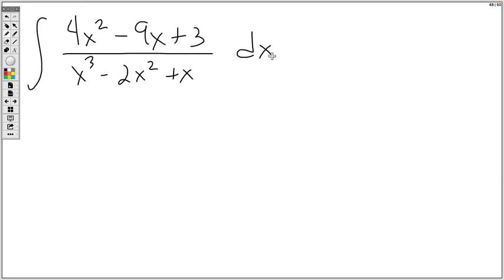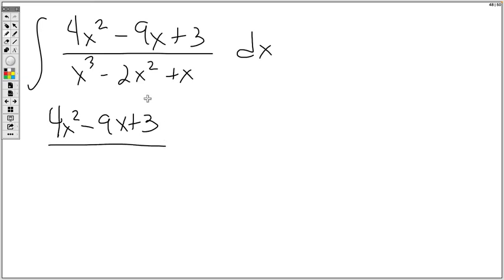Now, before you jump in, once again, to these advanced techniques, you want to see if a basic U substitution will do the trick. It's not really helpful. So the next step is we're going to do partial fractions.